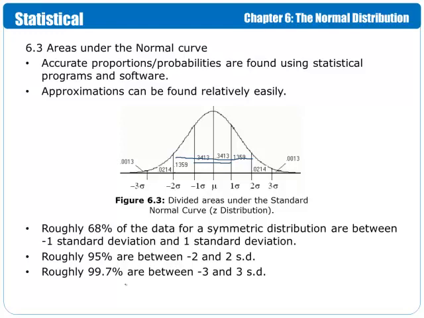Then roughly 99.7% are between -3 and +3 standard deviations of the mean, and then again that's found by coming out here to -3 standard deviations and going all the way up to +3 standard deviations and finding the total area under the curve. And so that gives us general approximations.